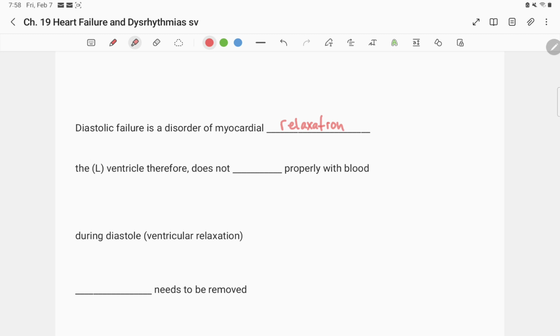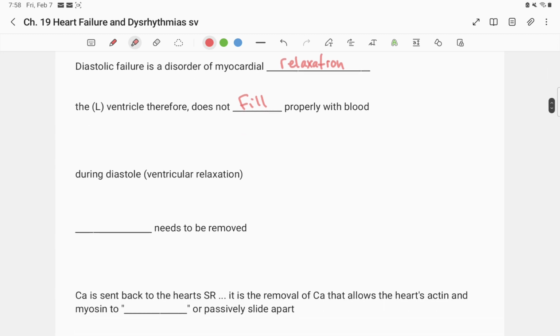The left ventricle does not fill properly with blood during diastole or ventricular relaxation, because remember the heart squeezes, then relaxes, squeezes, then relaxes. Systolic, diastolic. Okay, so the diastolic part, ventricular relaxation, when the ventricles are relaxing, they are filling with blood.